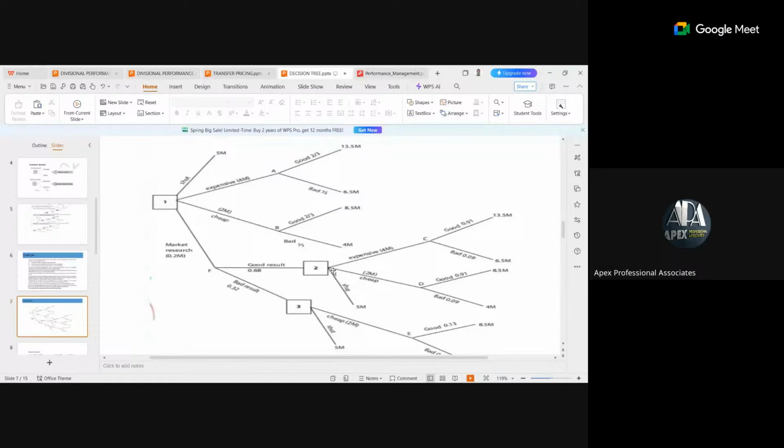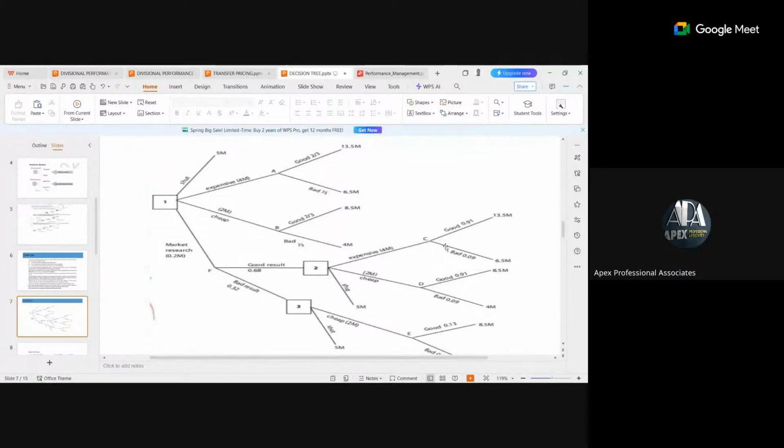So when you're going with the expensive refurbishment, it will either result in a good or bad outcome. So when it is good, in the question, it's stated 0.91 in terms of the market research. You can refer to the question. And the expected return will be 13.5.